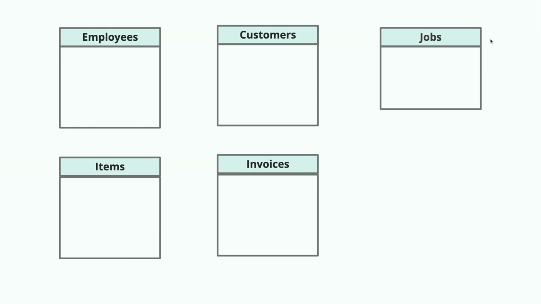We have jobs that customers are asking us to do that we need technicians to go out and perform and keep track of. We have items in our inventory, so maybe we need to install some cabling or a router or give them a new computer or something. We need to be able to track all of that. And at the end of the day, we need to be able to track all the work that we're doing and pull that into an invoice to give to a customer, right? So these are different entities that are going to exist within our application.